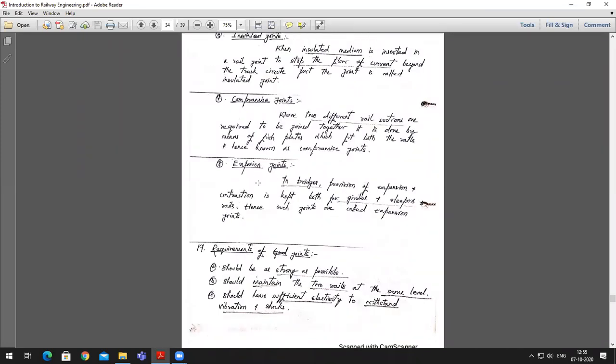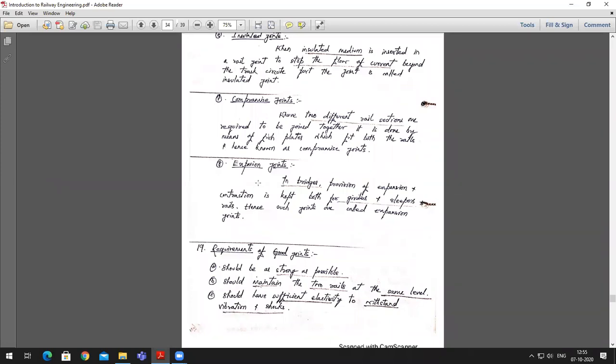Now normally in bridges, provision of expansion and contraction would be a huge task, okay, because everything would be metallic in nature. So such joints which are provided for the girders and the sleepers in the rails to enable free expansion and contraction, okay, are called expansion joints.